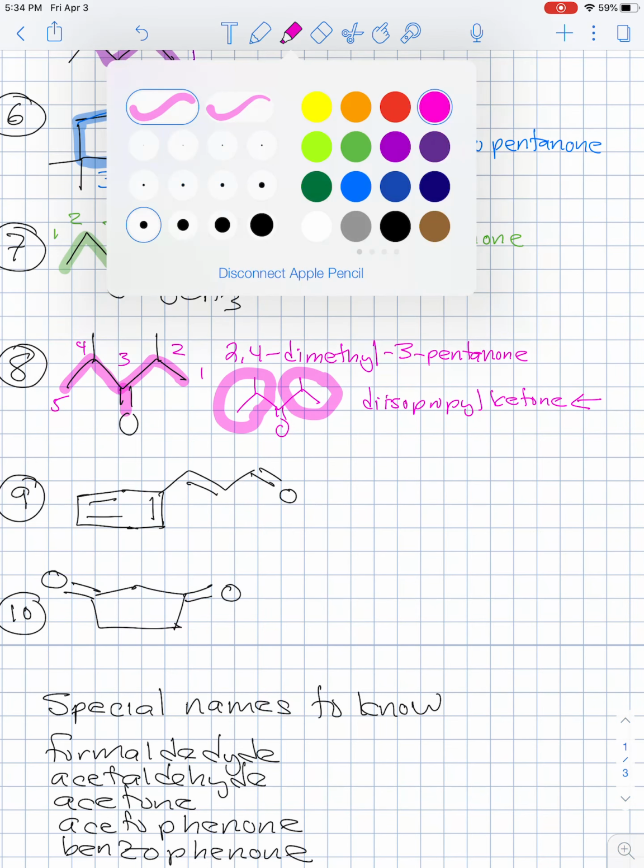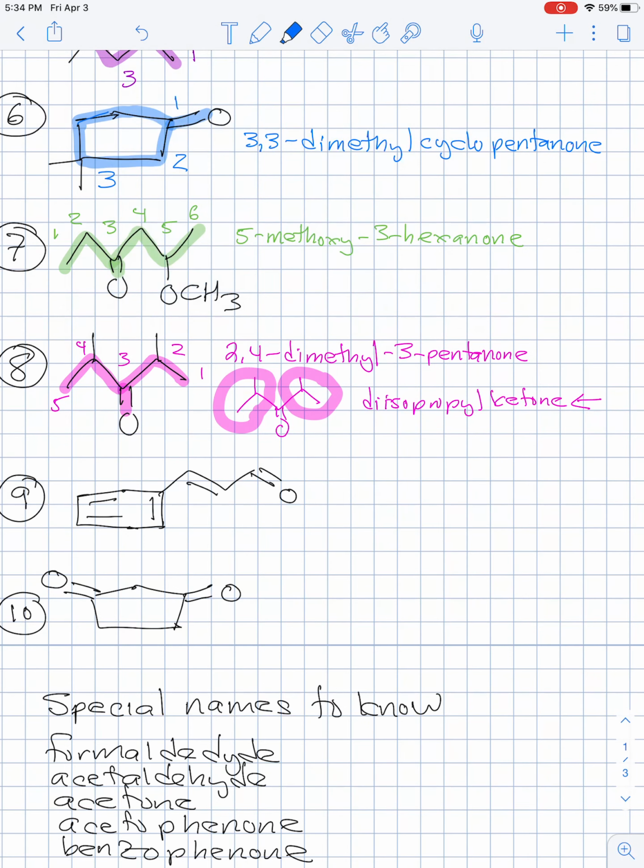So with this compound, we're going to name the phenyl as a substituent. So this becomes our parent. And we have 1, 2, 3. And the double bond is E, so we need to specify that.